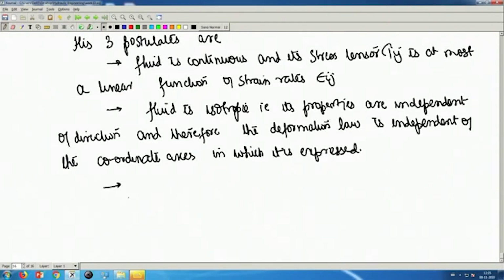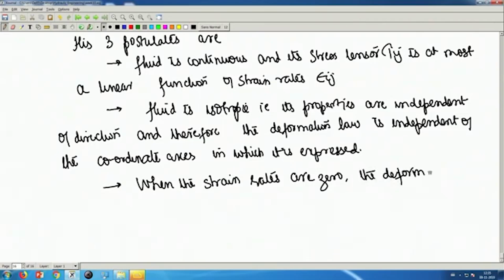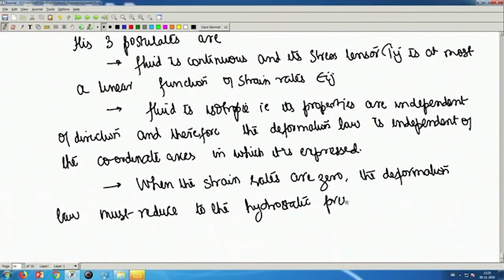Third is when the strain rates are 0, the deformation law must reduce to the hydrostatic pressure condition.